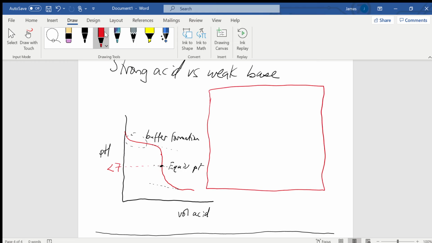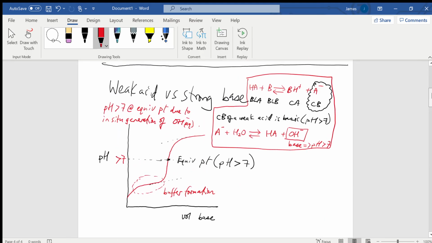Okay, so we have, let's see, what would be the best way to explain this? We have a base. Trying to be consistent with the way I've explained this one.